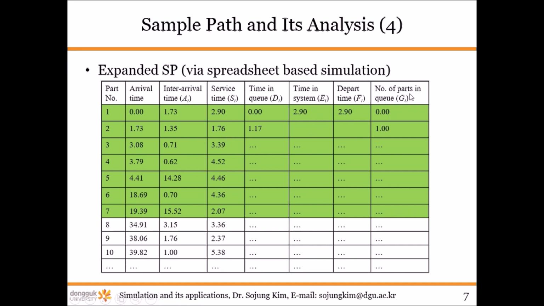The number of parts in the queue is 1, because this part should be in the queue at this moment. And then time in system will be the summation of service time and time in queue. If you add this number to this one, you will get 2.93. Good. And the departure time will be 4.66.